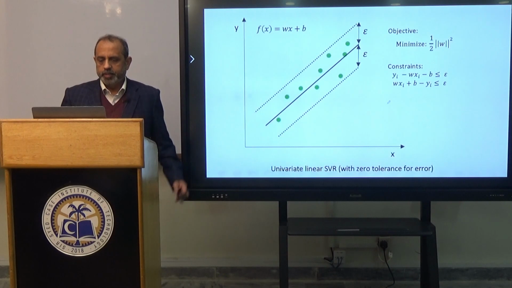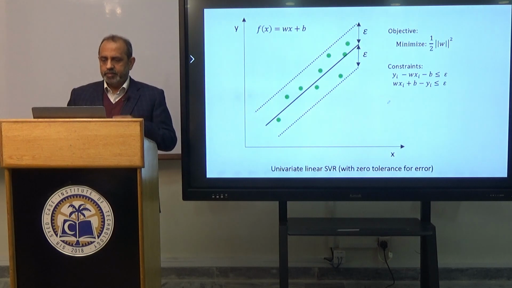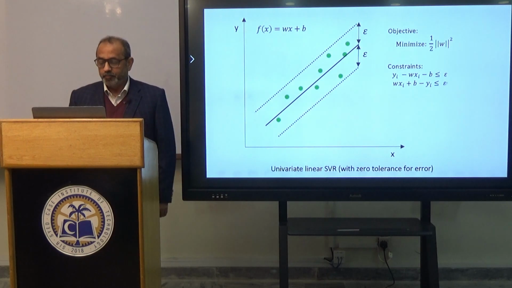So now we understand that this is one where you have a constraint where every point has to kind of obey these constraints. So the solution would ensure that this constraint is met for, we say, all i. For every point has to be within this, okay?